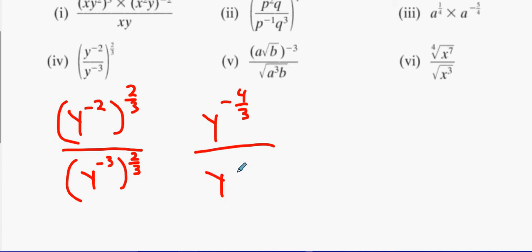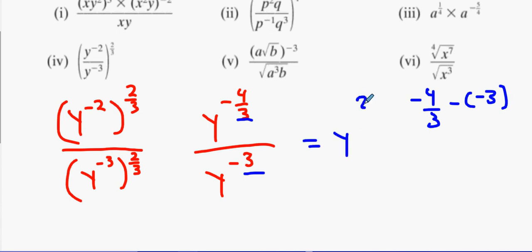And the bottom one? Minus 3, when you multiply minus 3 by 2/3. You take the top one, take away the bottom one, isn't it? Minus 4 over 3 minus 3. Does anybody get y to the power of 8 over 3? Sorry, no, not 8 over 3. 5 over 3.